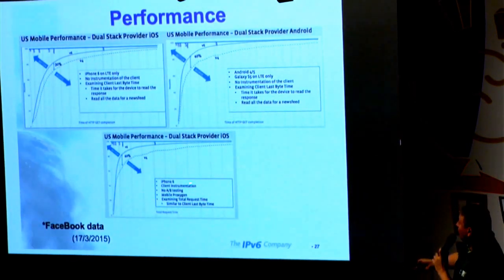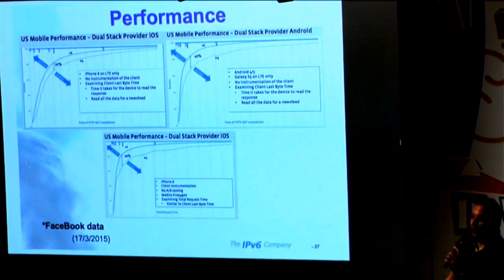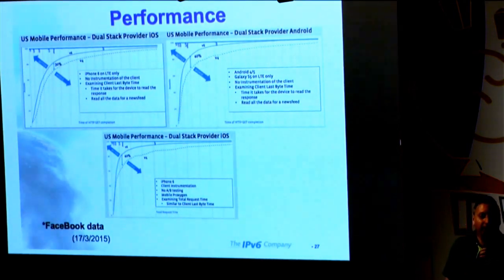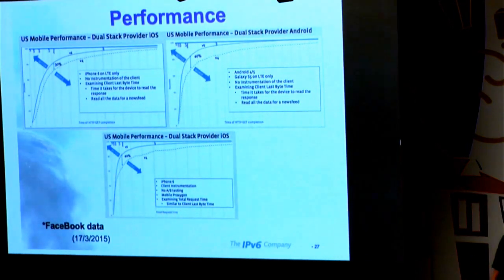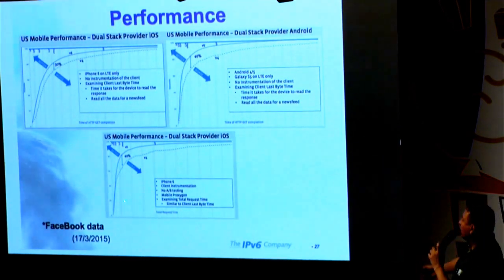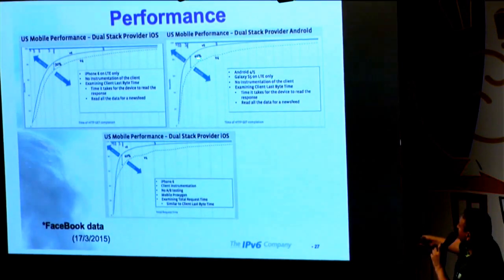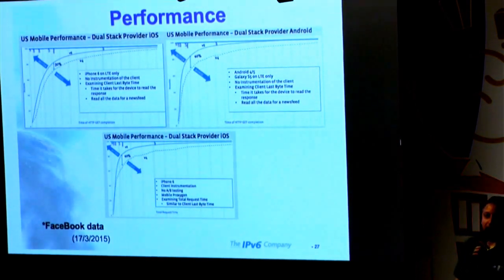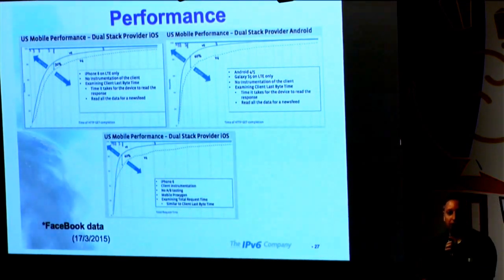So what happens is that when you download the Facebook application in an iPhone, it comes with a built-in IPv6 stack and is not using the stack from the operating system. And then it performs the same 40% better performance than Android, okay?